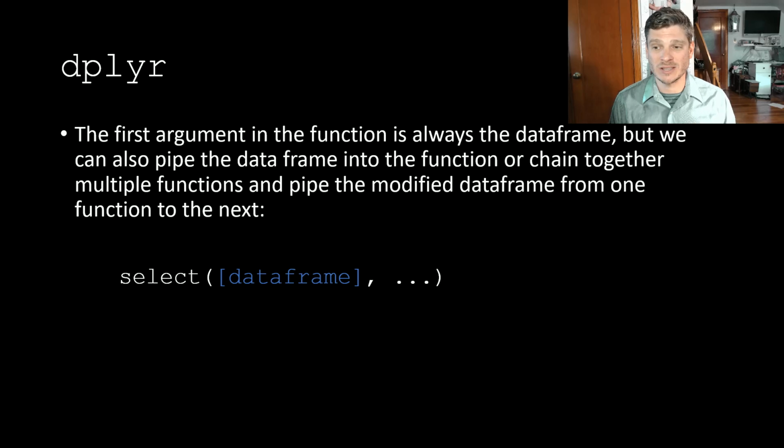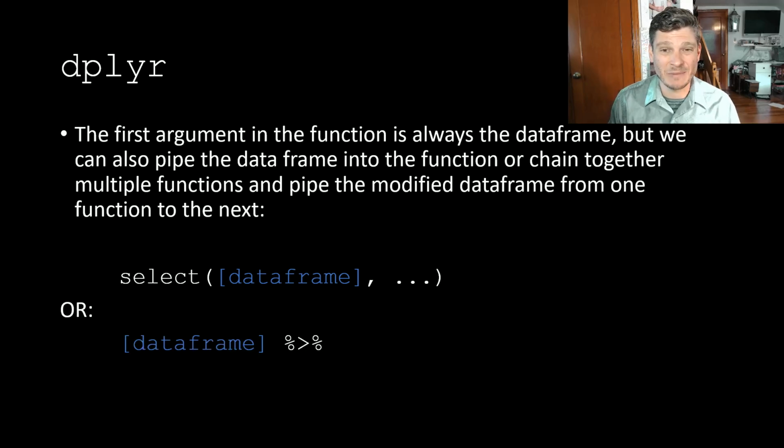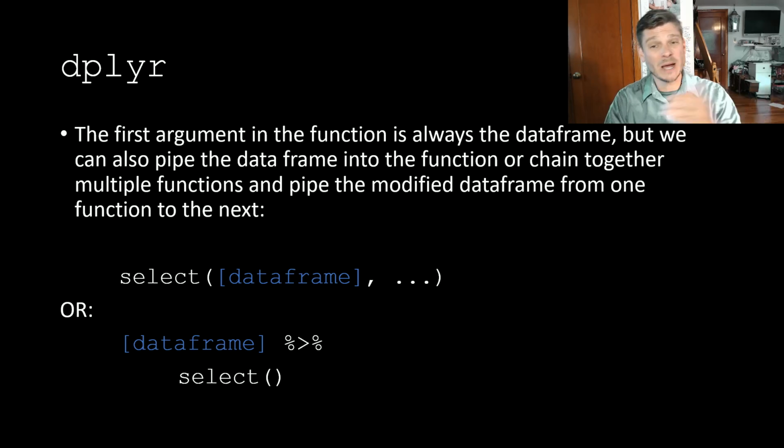If we use the select function, the first thing in our parentheses has got to be our data frame, then a comma, and then the rest. Or if we do the piping feature, which is my preferred way to do it anyway, we take our data frame and pipe it into our select function, and then inside the select function we'll actually make our choices about how we're going to select things.